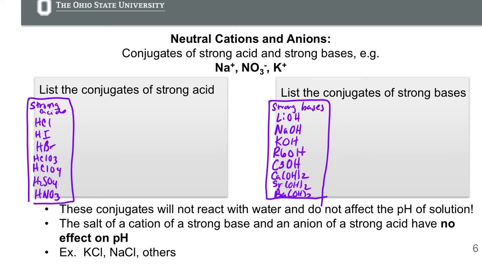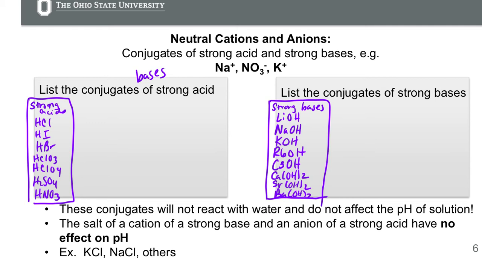Okay, so now in the box on the left, let's write the conjugate bases of these strong acids. Basically, we're just going to let these dissociate. We're going to ignore H+, right?